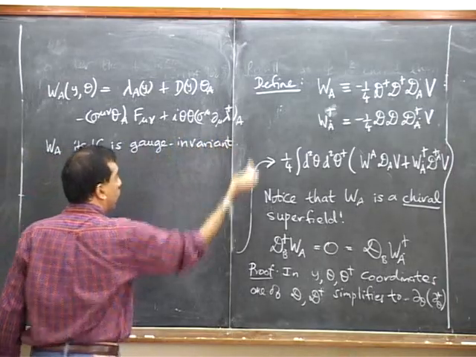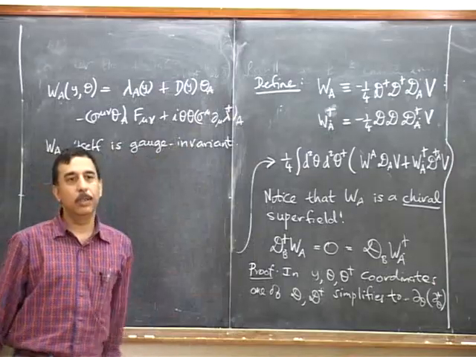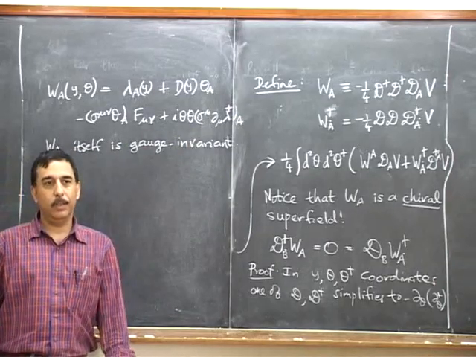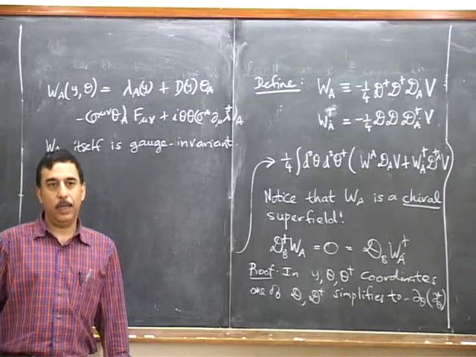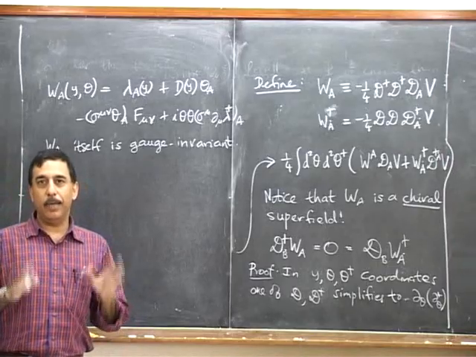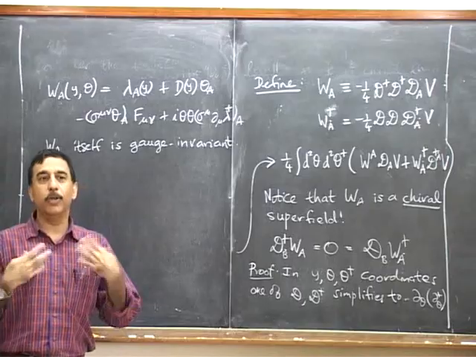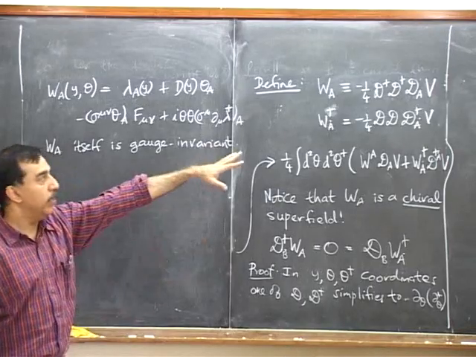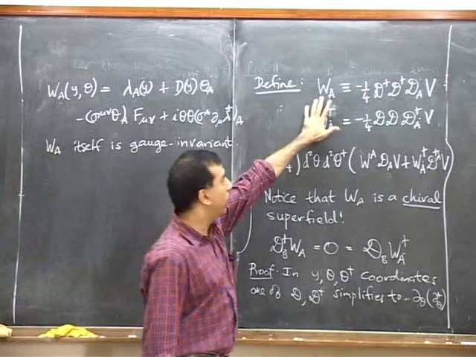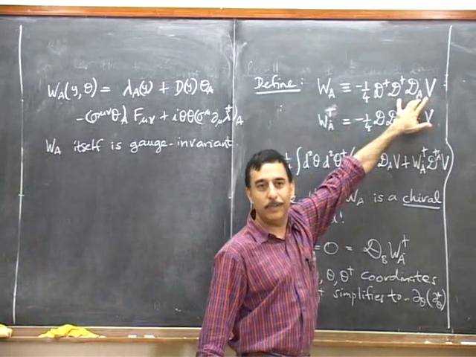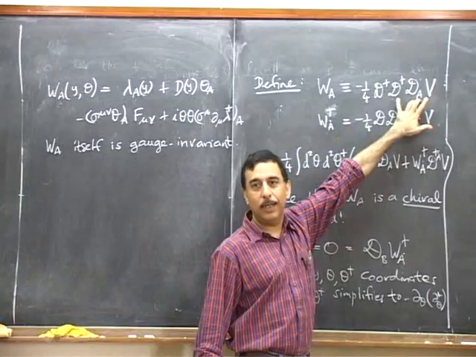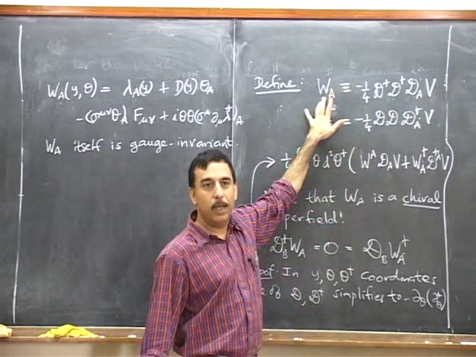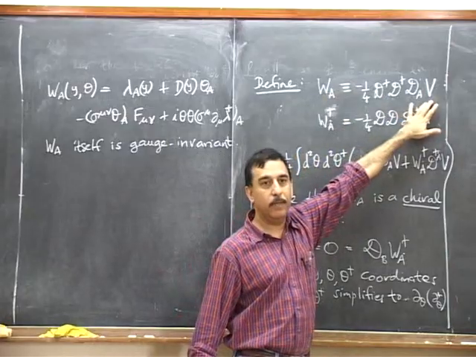So passing from V to W is like passing from A mu to F mu nu. In ordinary field theory, A mu is the fundamental field, F mu nu is a derivative of it, but it's gauge invariant. Here V is the fundamental field, W is a derivative of it, strangely 3 derivatives of it. So it's not an independent fundamental field, but it's gauge invariant, unlike V.